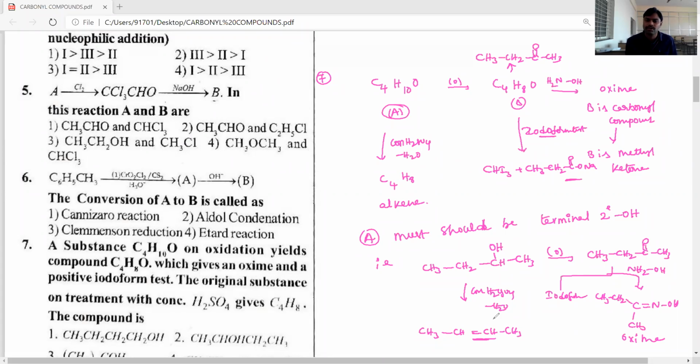So both molecular formulas are C4H8 only. So your answer is the second option, CH3 CHOH CH2 CH3. A is butan-2-ol, its molecular formula C4H10O.